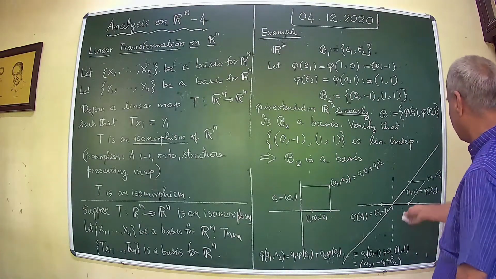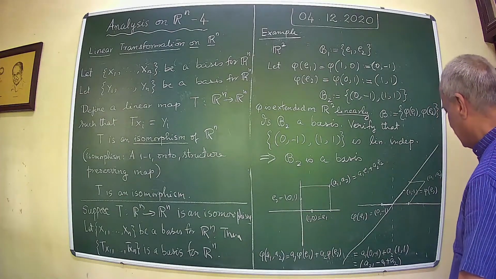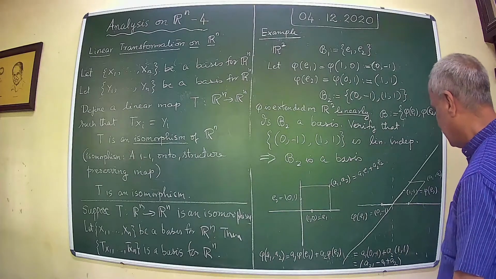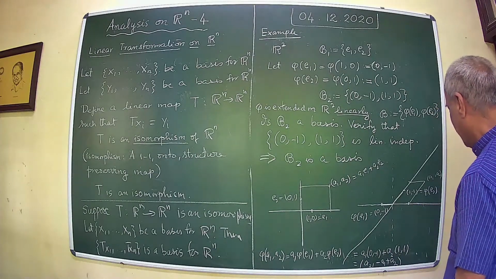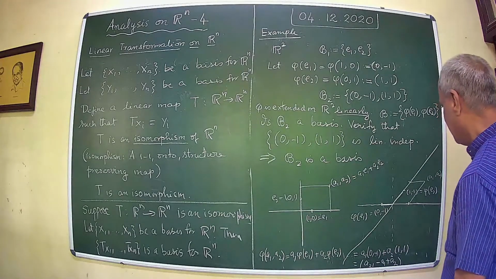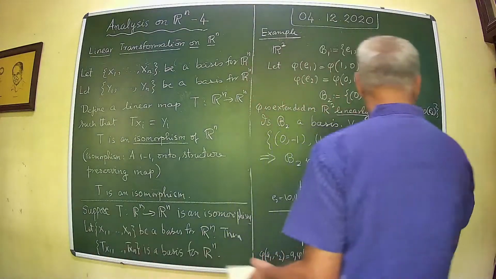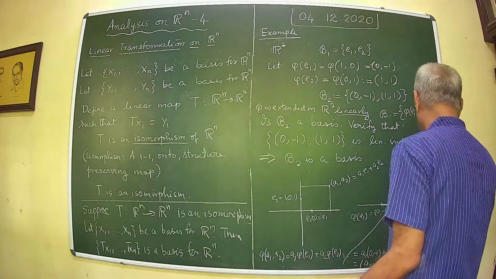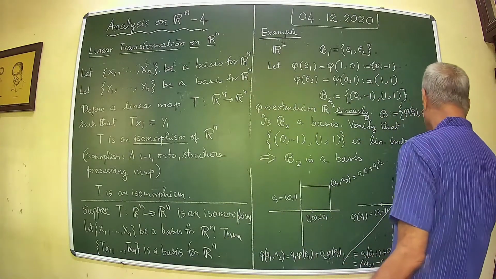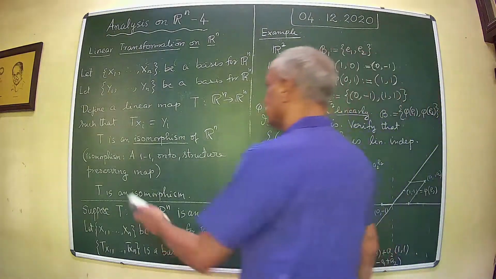So with respect to this coordinate system, it is going to be the point (A2, -A1 + A2). Okay, so this is how you get an arbitrary point (A1, A2); its coordinates are going to be different. So let us explore that.